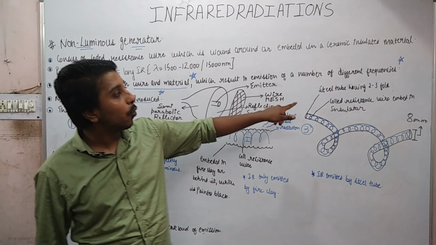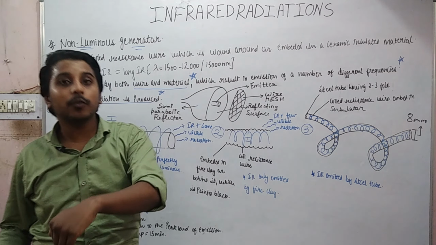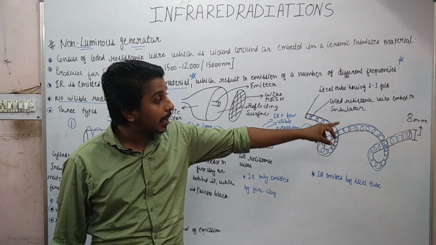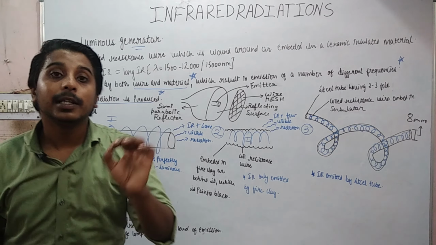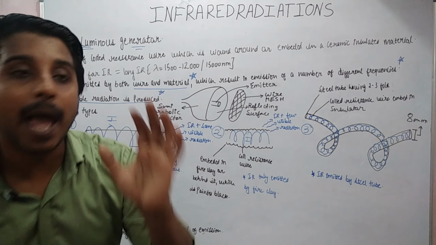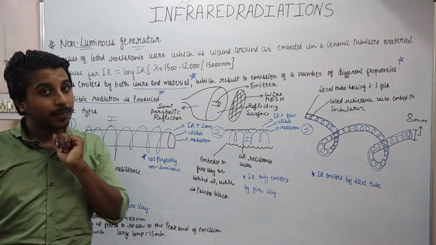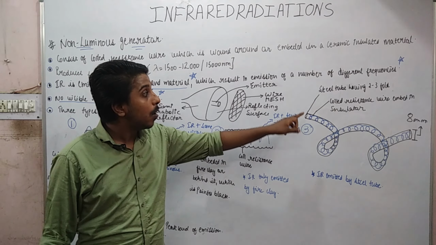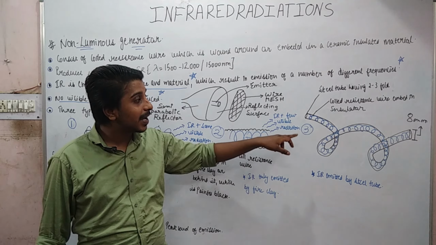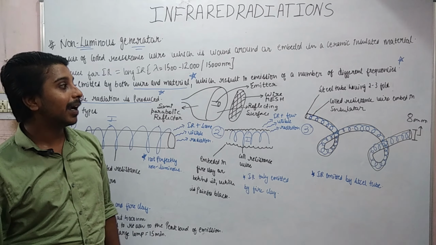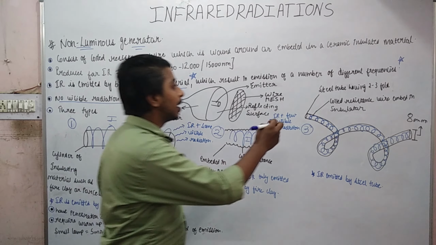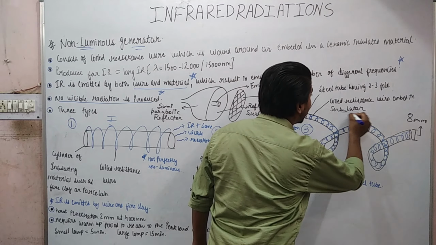This steel tube is empty from inside, and the tube has a diameter of 8 mm. If it is empty from inside, then we must place something in it. So now the coiled resistance wire is placed inside it, but it is embedded in an insulator.